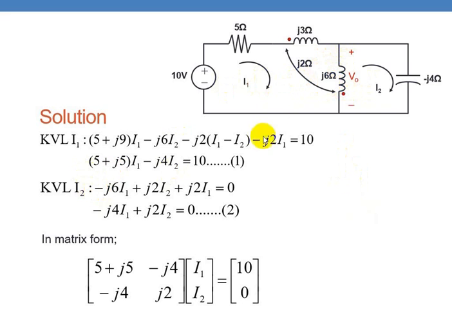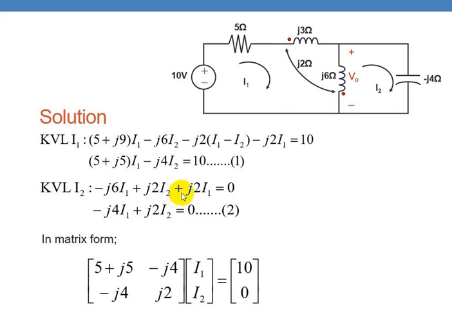The minus sign is because these two currents are flowing in the opposite direction through this. Then coming to Z22, you have to add the impedance and reactances in the second mesh. That is minus J4 plus J6, that is J2 into I2.